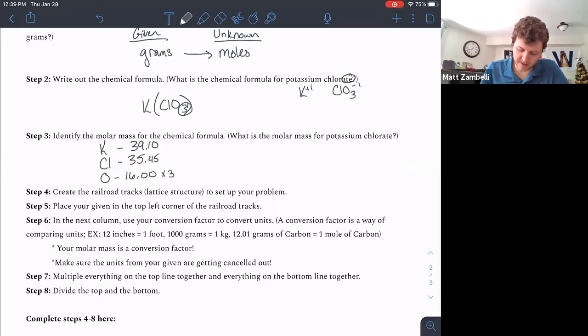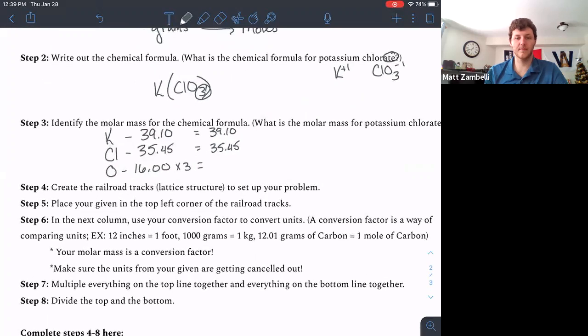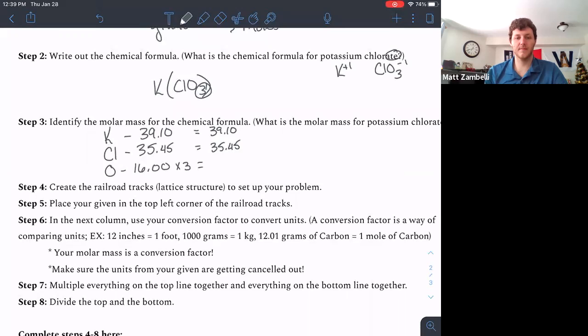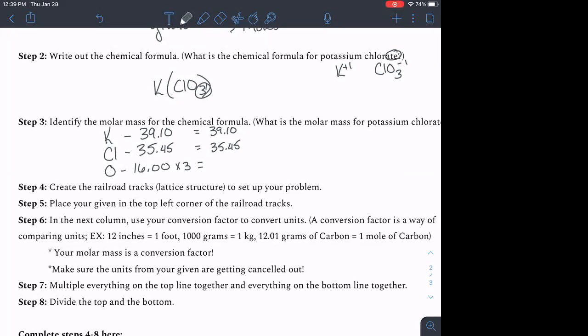So we got to multiply this one by 3, which means let's bring those back over. 39.10, 35.45. And what is 16 times 3? 48.